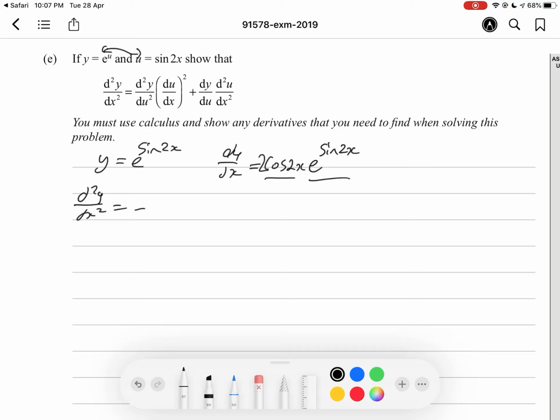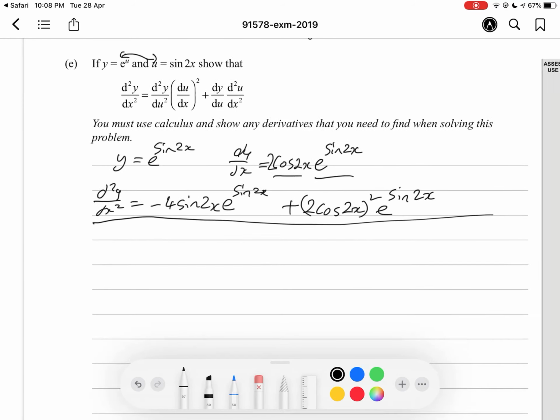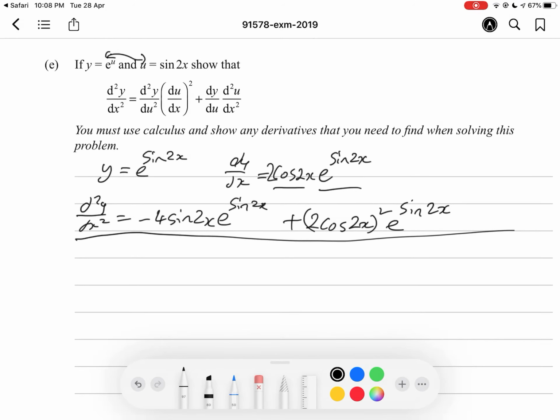So the derivative of 2 cos 2x becomes negative 4 sine 2x, e to the power of sine 2x, plus the derivative of e to the power of sine 2x, which is 2 cos 2x squared e to the power of sine 2x. So that's our d squared y over dx squared, the second derivative.